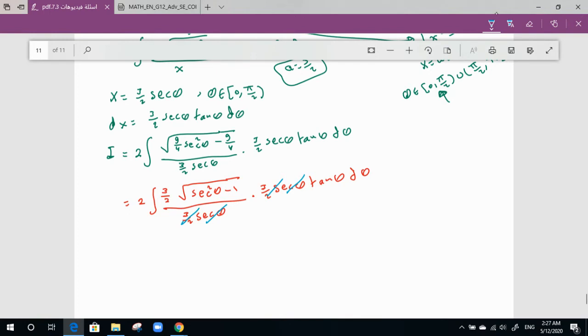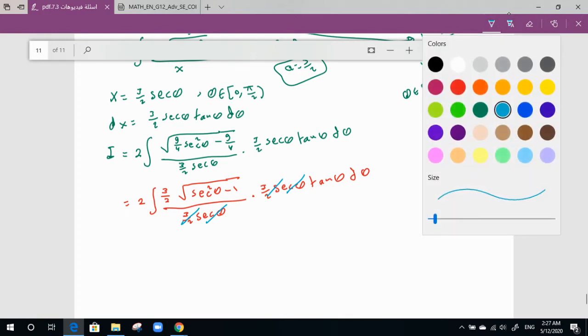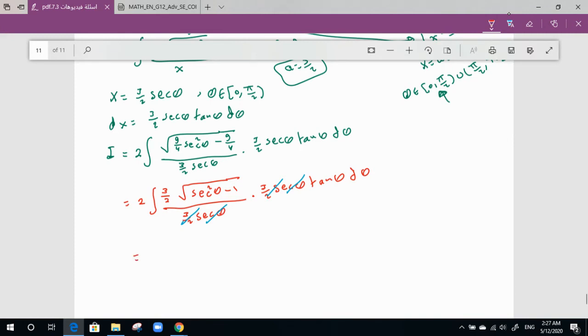What do I have now? Now I have 3 over 2 times 2, which is a 3 outside the integral. Now secant squared theta minus 1, as an identity, is tan squared theta.